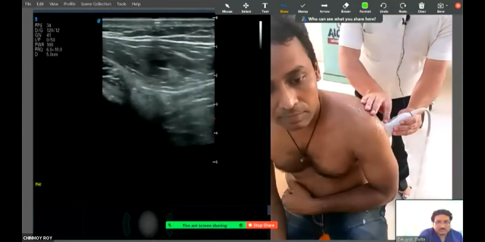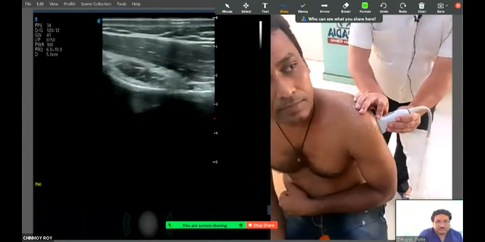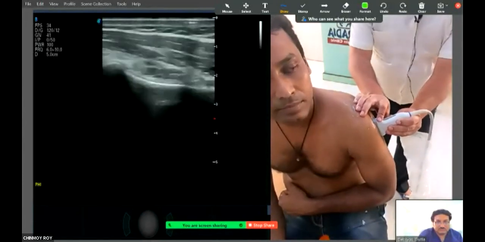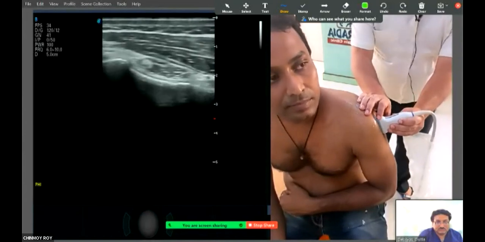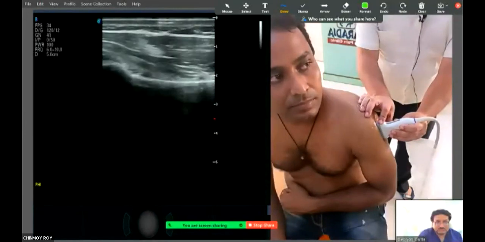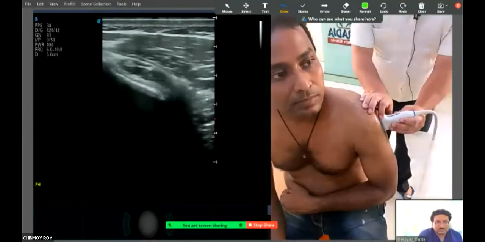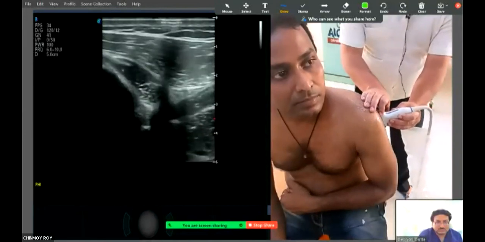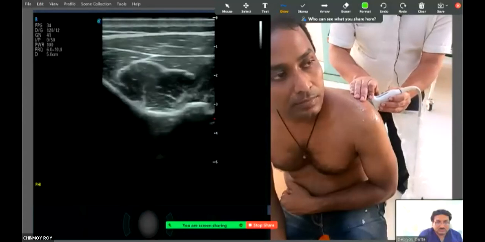This is the humerus head, and the upper side is head and lower side is neck. Just at the neck, there is a muscle which is ultimately becoming a tendon and going down. If I trace this muscle, this is the teres minor.